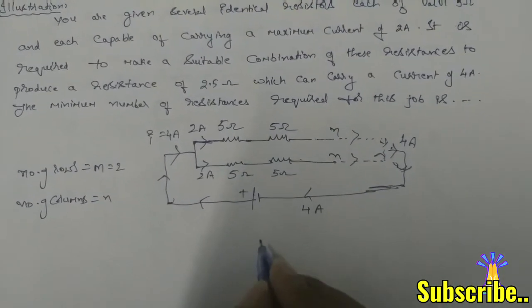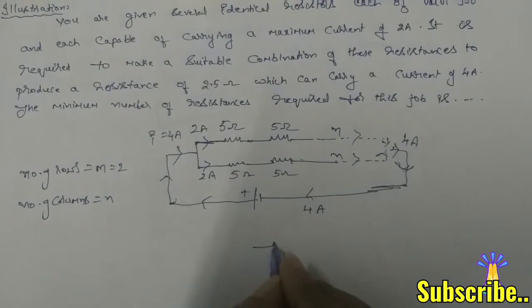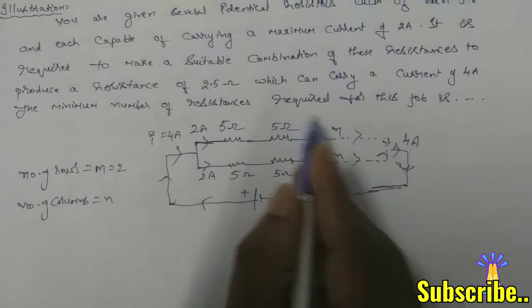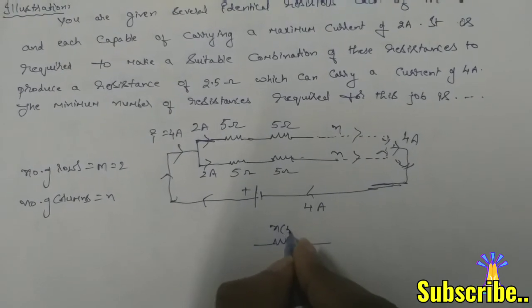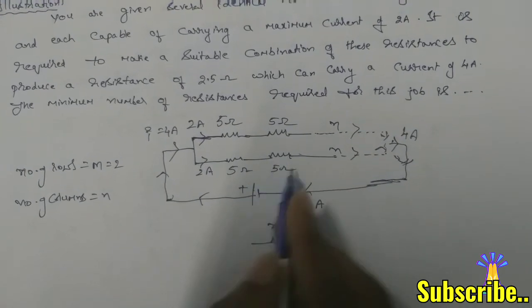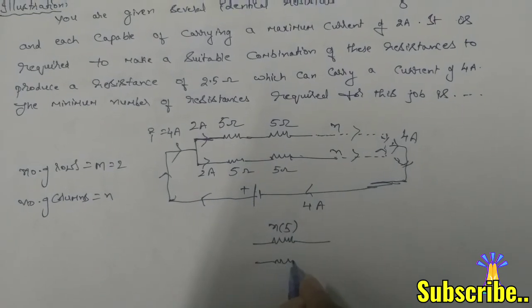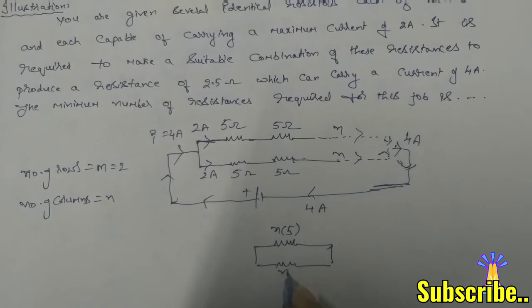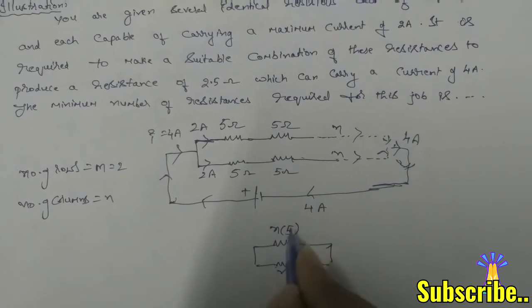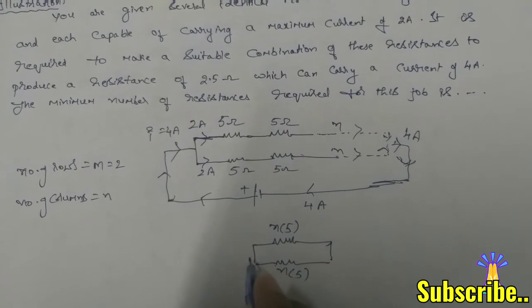So we can draw the equivalent circuit diagram like this. The equivalent resistance for the upper row is n into 5, and for the lower row also the equivalent resistance is again n into 5. So this is a 5N ohm resistor and this is a 5N ohm resistor.